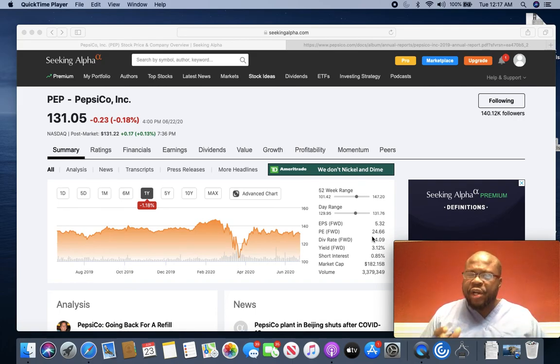A PE ratio in the range of, say, 10 to 18, 19, 20, around there, is considered fairly valued. You're not getting a super great deal, but you're not getting robbed either. It's priced fairly.